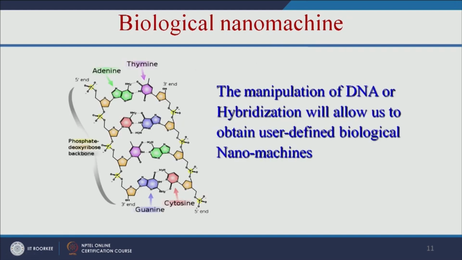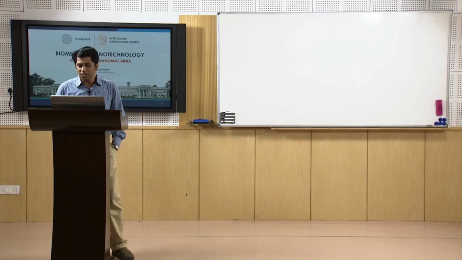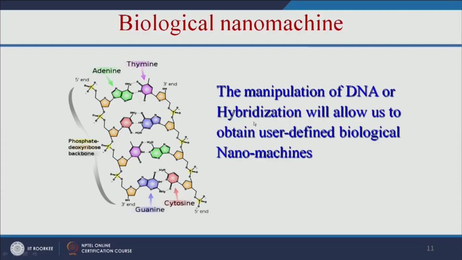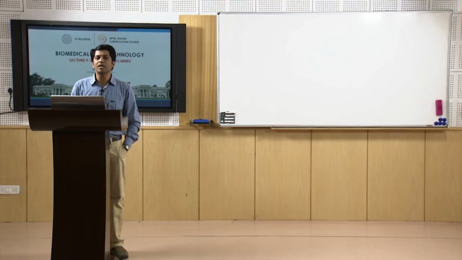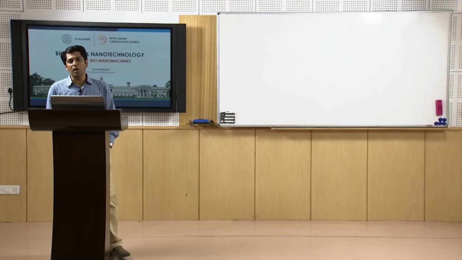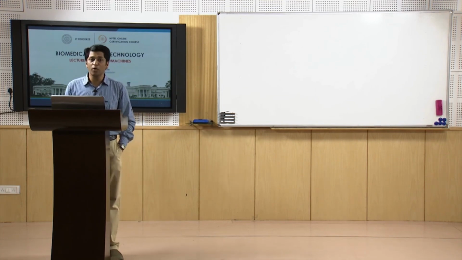Especially in the case of nanomachines, DNA and protein play a major role, because manipulation of DNA or hybridization will allow us to obtain user defined biological nanomachines. That means we can easily modify the DNA and make such small nanomachines. That is the advantage of DNA and protein based nanomachines.